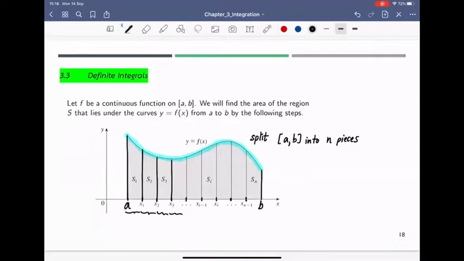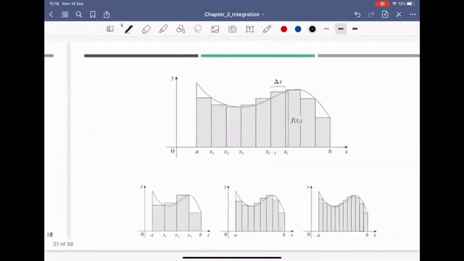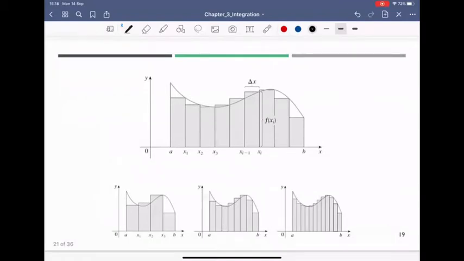What I just said can be summarized in this picture. I have from a to b, and I have the curve here. From a to x1, I have the first interval.